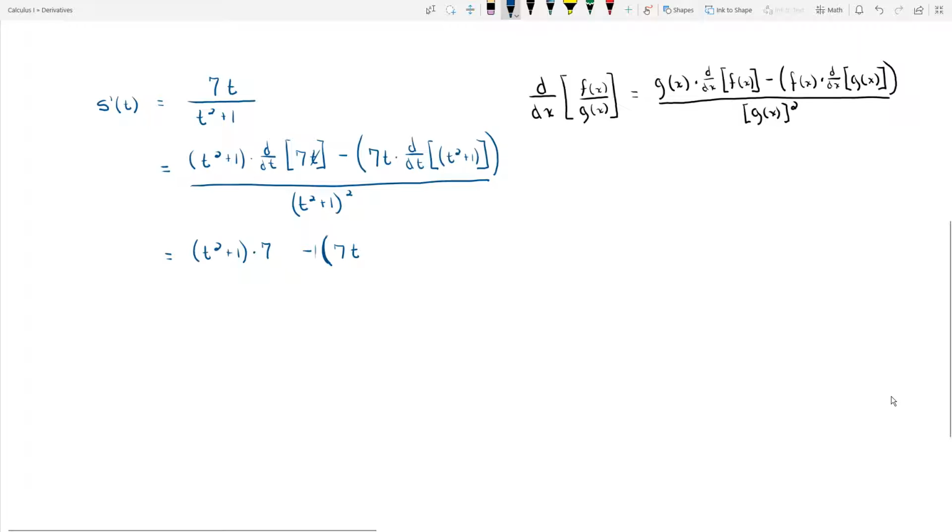So let's leave that parentheses there to remind us. So 7t multiplied by the derivative with respect to t of t squared plus 1. Well, plus 1 we know is just going to be 0. So the derivative of t squared is going to be 2t. All of that is still over that denominator squared.